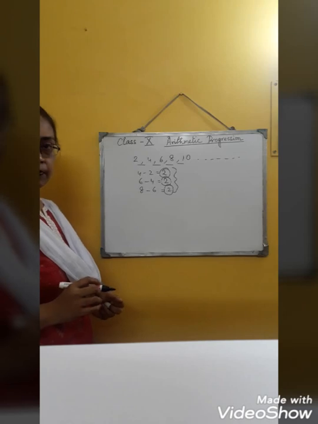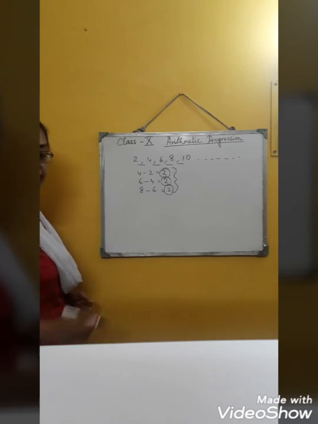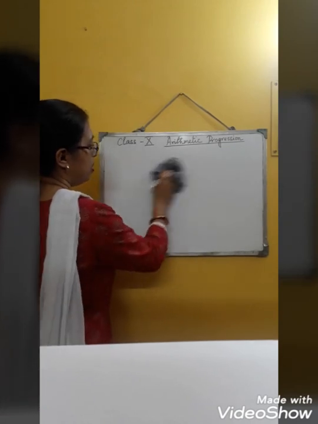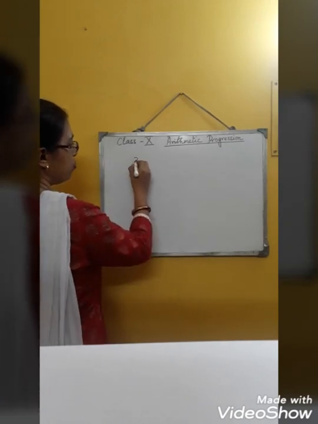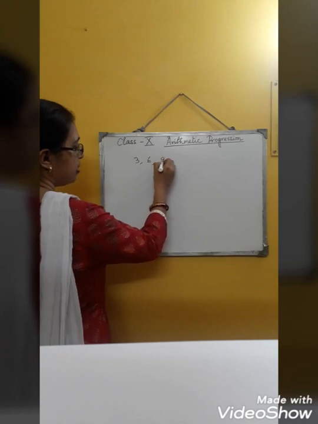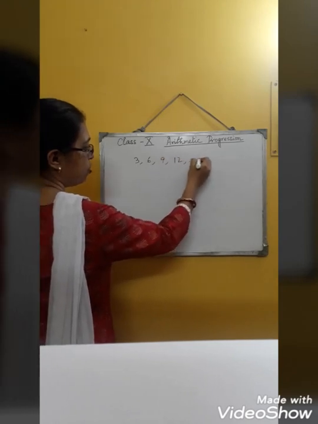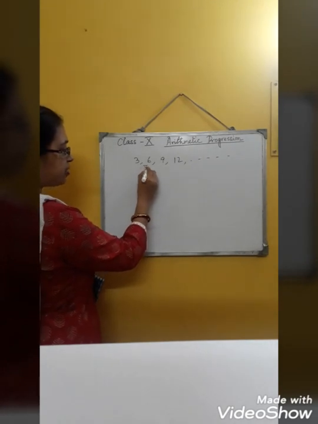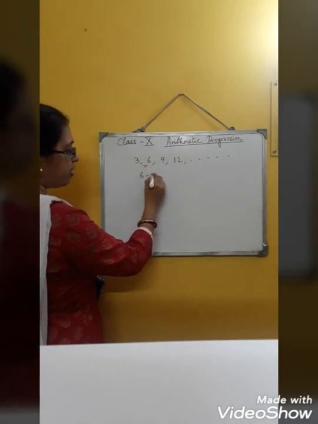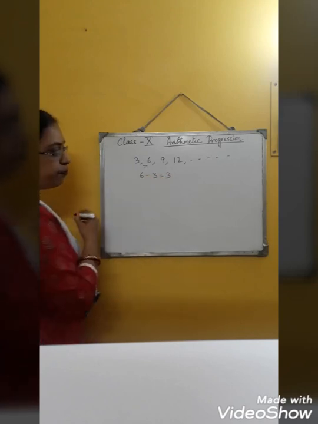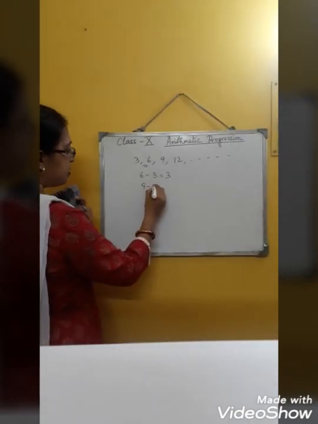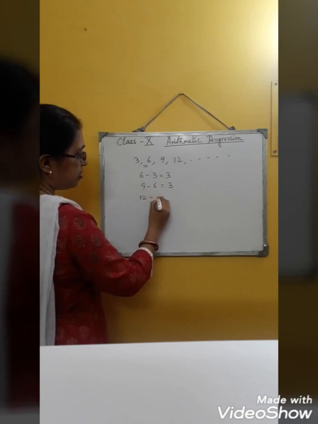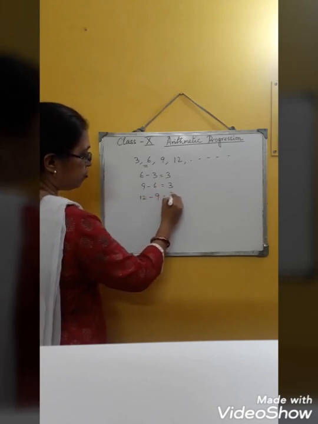Let us take some other examples. Suppose we have 3, 6, 9, 12, and so on. Now this gapping, how do we get it? 6 minus 3, that is 3. 9 minus 6, that is 3. 12 minus 9, that is 3.